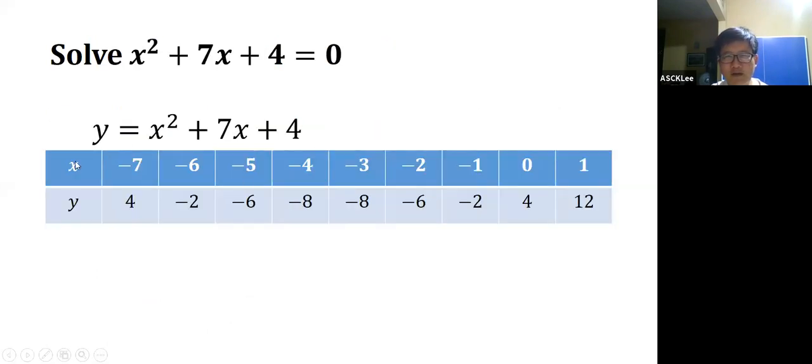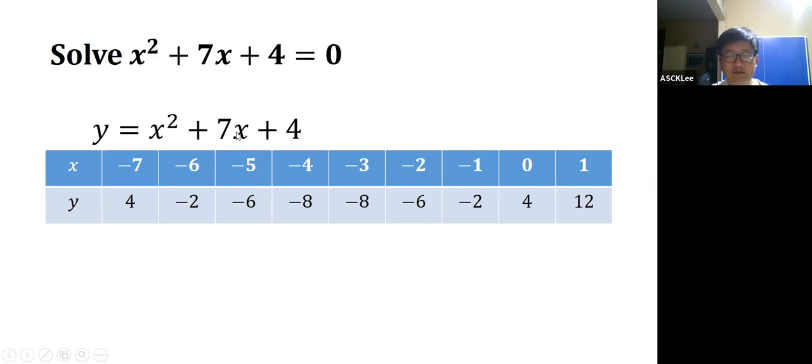Now, to solve it by method of graphing, what you do is just very simply have a range of values of x. Here I've got -7, -6, -5, -4, -3, -2, -1, 0, 1. Just ends at 1. Okay, so you have the x values there, and you use this equation, y equals x squared minus 7x plus 4, to calculate your y. If you substitute your x value of -7 here, -7 squared is 49, minus 7 times -7 is +49.